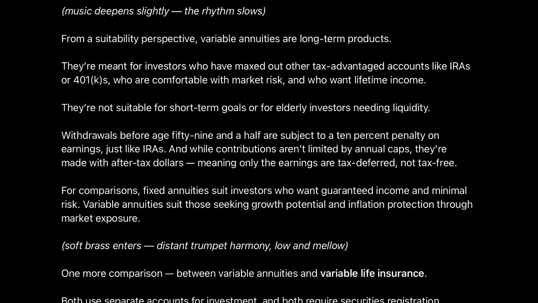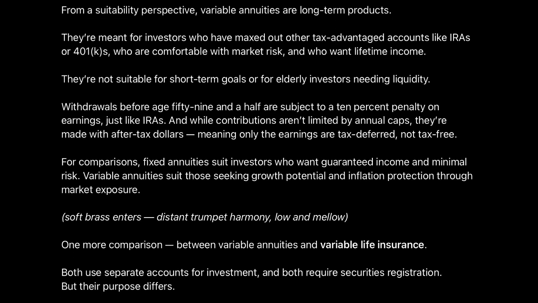From a suitability perspective, variable annuities are long term products. They're meant for investors who have maxed out other tax advantaged accounts like IRAs or 401ks, who are comfortable with market risk, and who want lifetime income. They're not suitable for short term goals or for elderly investors needing liquidity. Withdrawals before age 59 and a half are subject to a 10% penalty on earnings, just like IRAs.